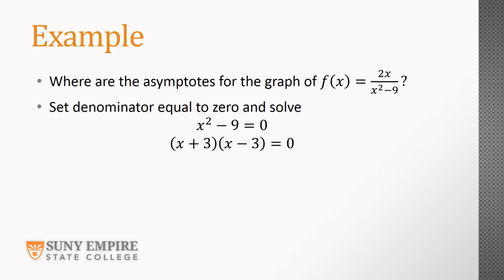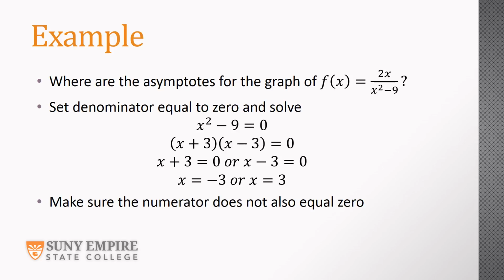We can factor this polynomial. We have the quantity x plus 3 multiplied by the quantity x minus 3 equal to 0. Splitting the factors gives us x plus 3 equal to 0, or x minus 3 equal to 0. Solving, we find that x equals negative 3, or x equals positive 3.